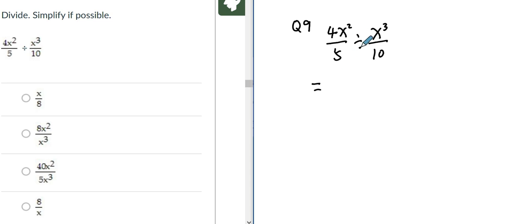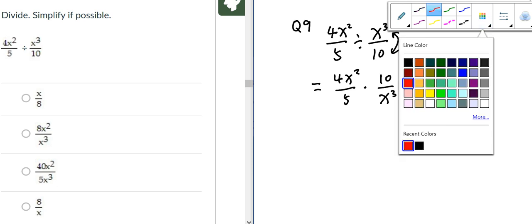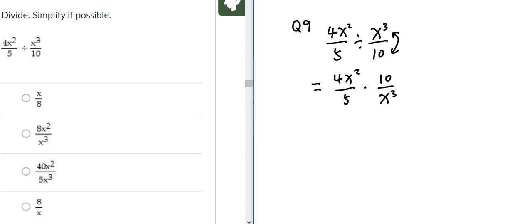If we change the division to multiplication, what we got to do is flip the denominator and the numerator. So we shall have a 10 upstairs, x cubed downstairs. If you recall, I have showed you why we need to flip to change the division to multiplication. After I'm done with this one, I'll remind you.